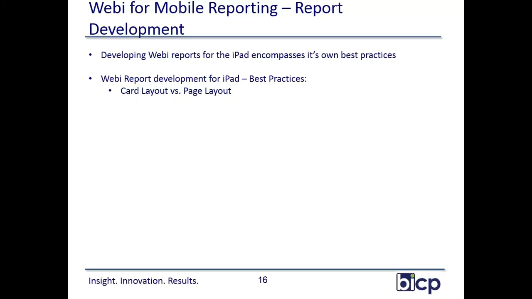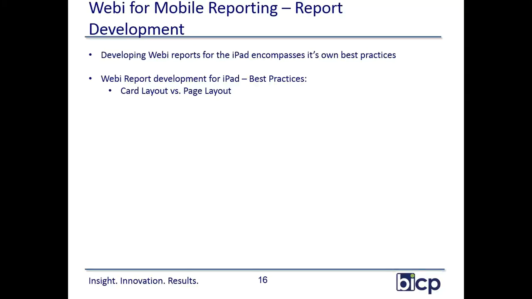And the card layout, if you can envision your Web Intelligence report on the desktop, basically splits the report up into 4 different quadrants. So you have a vertical line and a horizontal line right in the middle. The idea is that if you had a report with 3 to 4 report elements, let's say a table, a pie chart, and maybe a bar chart, you can place those elements in one of the 4 quadrants.